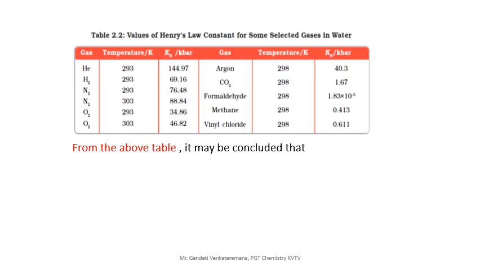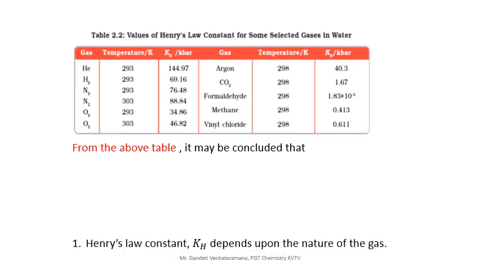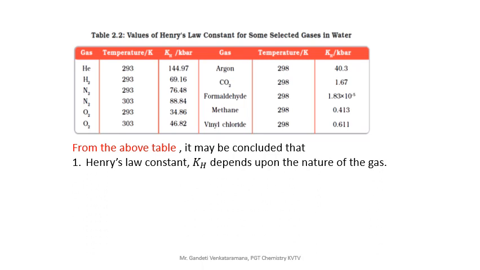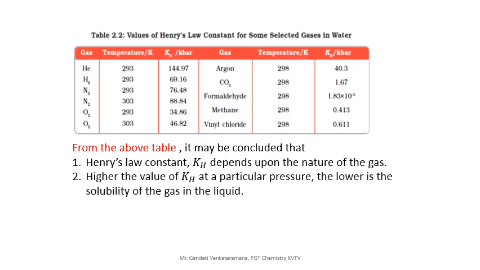From the above table, it may be concluded that, first point, Henry's law constant Kh depends upon the nature of the gas. Higher the value of Kh at a particular pressure, the lower is the solubility of the gas in the liquid.